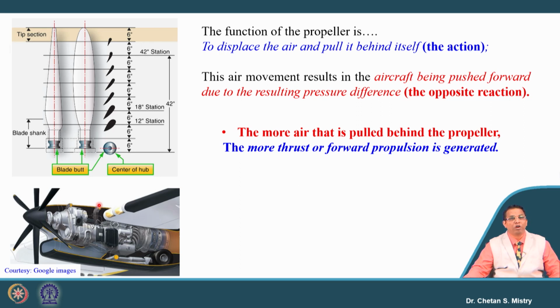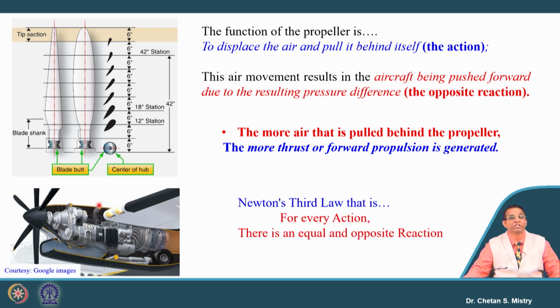If you recall, you must have studied this in your basics of physics. This works on the principle of Newton's third law. It says for every action there is an equal and opposite reaction. So now you must be realizing how we want to generate thrust by using this propeller.